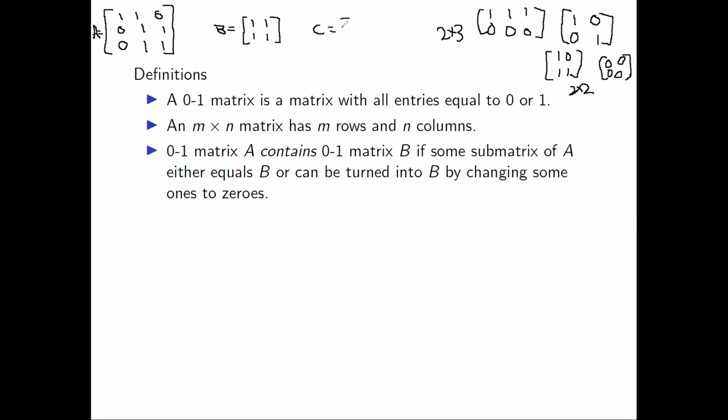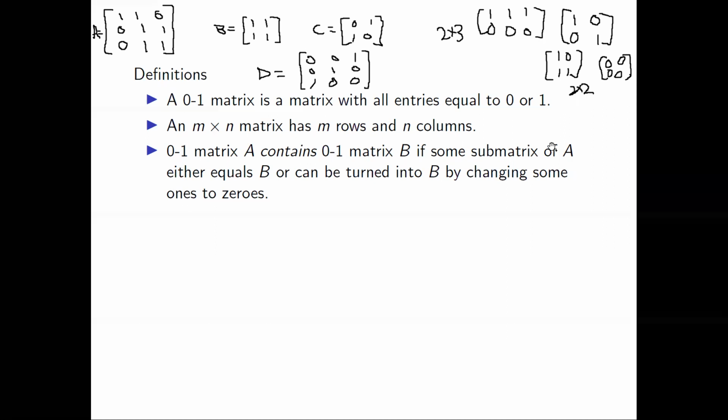Maybe a couple others. Okay. So we have this definition of containment, and we say that if A does not contain B, then A avoids B. So the examples that I drew at the top, let's look at whether A contains or avoids each of these examples.